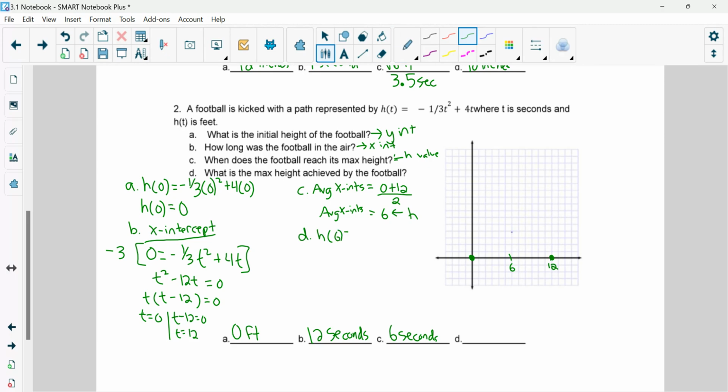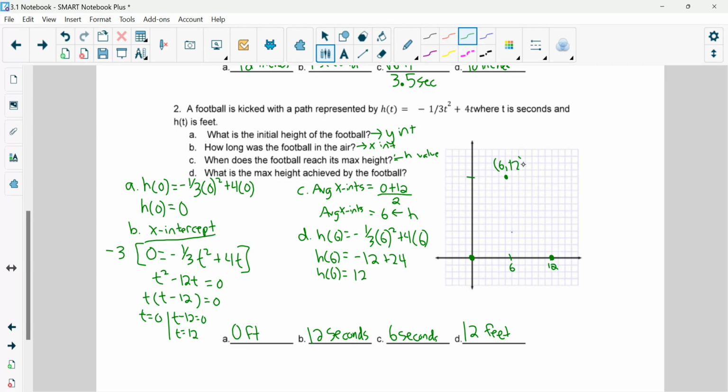If I put 6 in for t, what would that give us? 6 squared is 36. 36 divided by 3 is 12, so negative 12 here, plus 24. So we'd end up with positive 12.